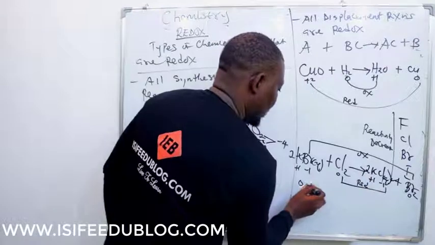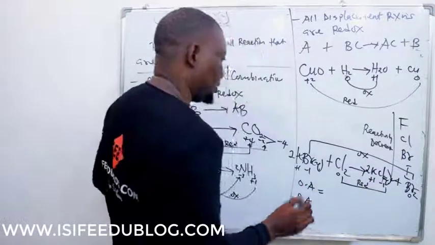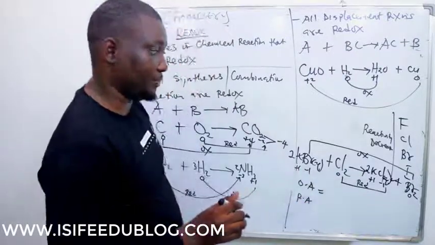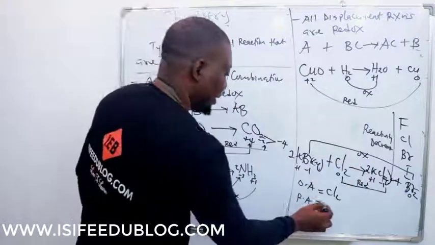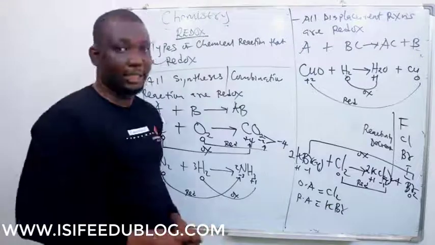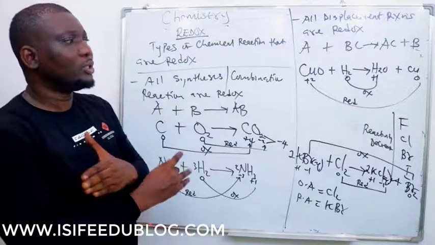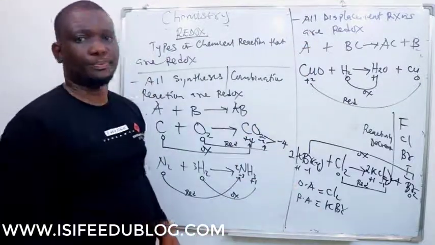I can equally state the one which is oxidizing and the one which is reducing. In this reaction, since chlorine has reduced, chlorine is the oxidizing agent, and then KBr is the reducing agent. That is displacement. So all reactions of this type are redox reactions.